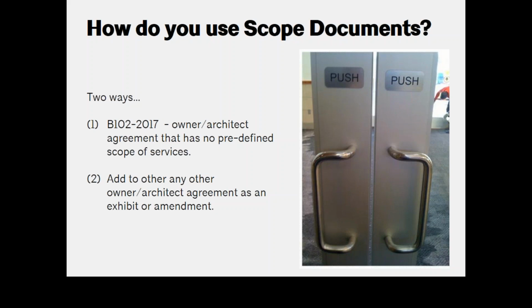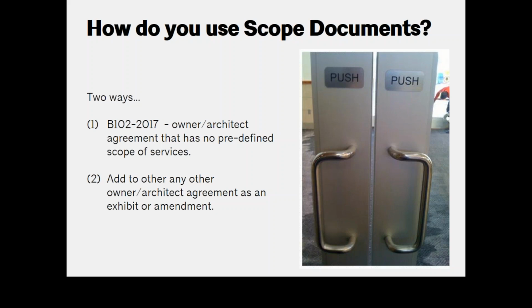But when it comes to the scope of work that the architect is going to perform, B102 just has a prompt for the parties to add whatever that scope of services is. So you can add all of those, or reference all of the B200 series documents through B102.